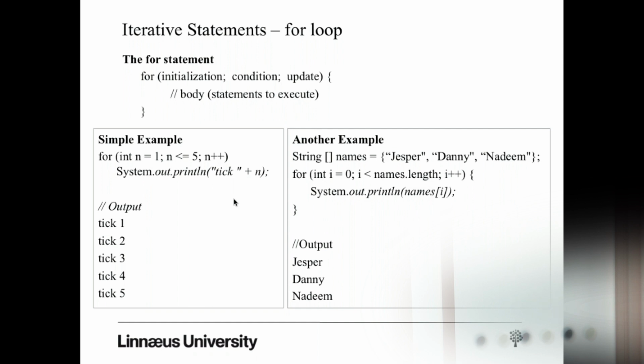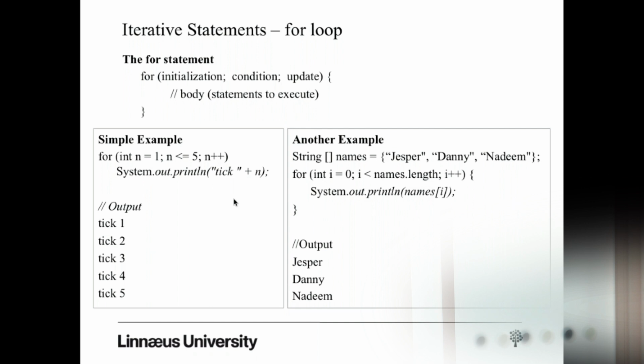After the execution it will go to this part which we call update, or sometimes increment or decrement, of the control variable. And in this part we increment the value of n by 1. It could be any statement that changes the value of n. If it does not change the value, then the loop will remain always executing.